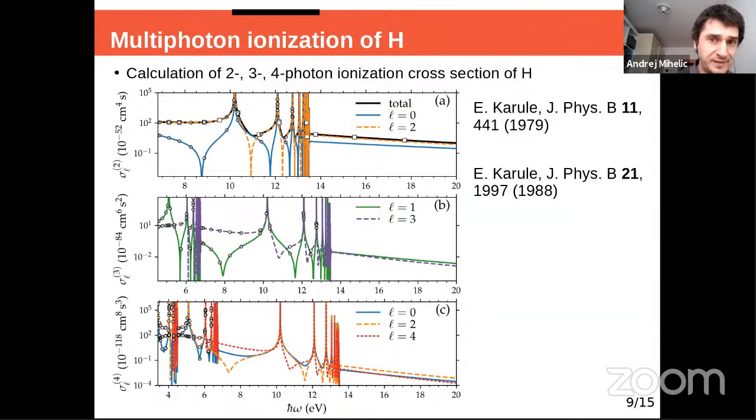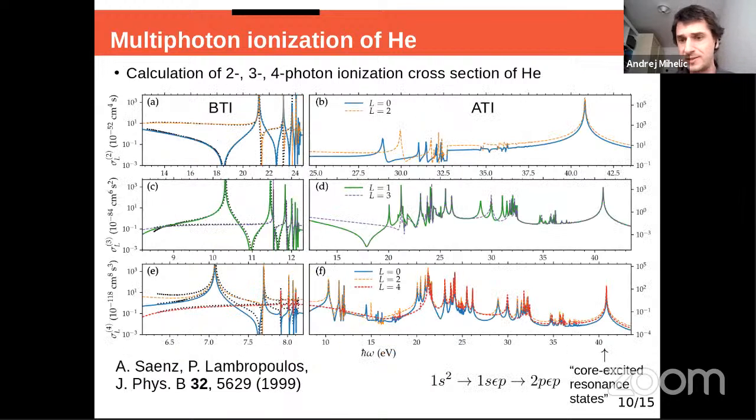Now, we have done a similar thing for helium. So we have also tested this with helium and compared this to existing results. So here I show you the 2, 3, and 4 photon ionization cross sections. Here the results below the ionization threshold agree rather well with the results of Alejandro and Peter Lambropoulos.